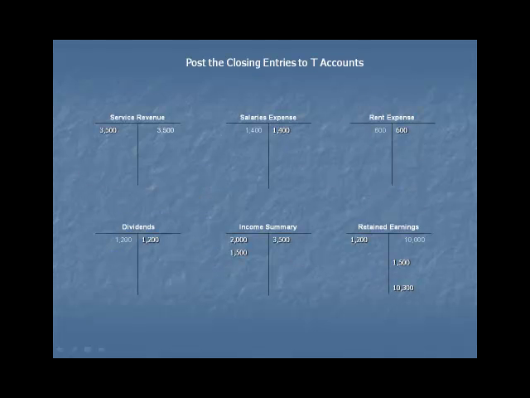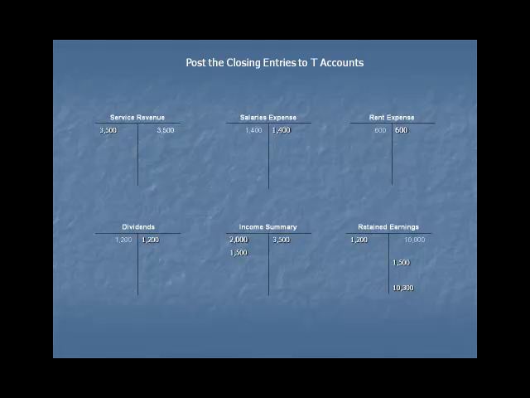Now, to see the postings of the T accounts, I have all 6 T accounts. Their original balances are in the non-bolded numbers, and so the first entry debited service revenue and credited income summary for $3,500.